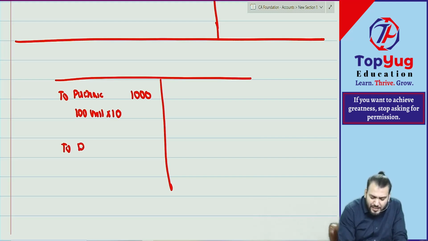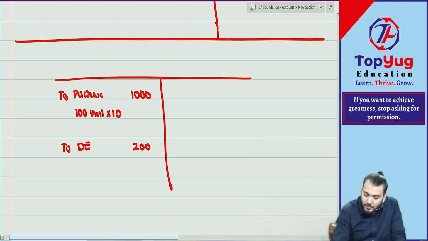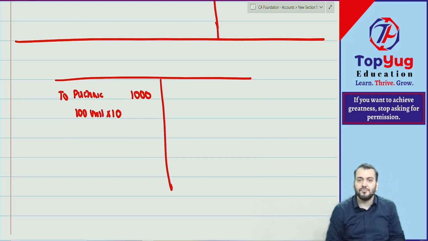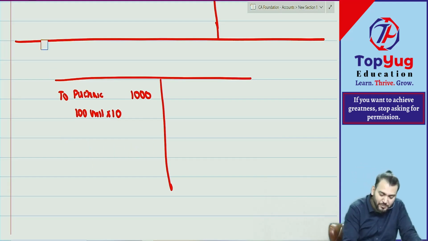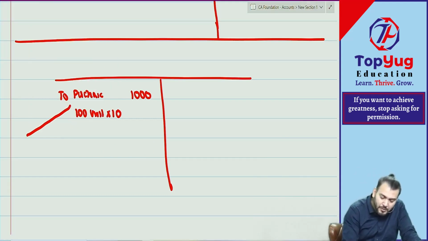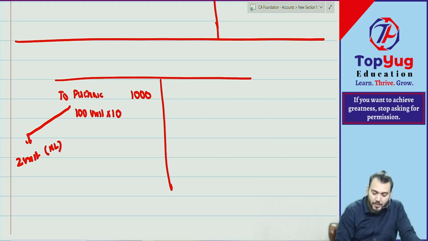Ignore direct expense once, I don't want to confuse you much. Only this purchase. Now what happened? In transit, out of 100, 2 units lost, and that was normal loss, correct? And 3 units were lost, that is abnormal loss, correct?